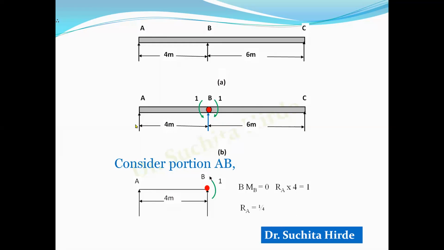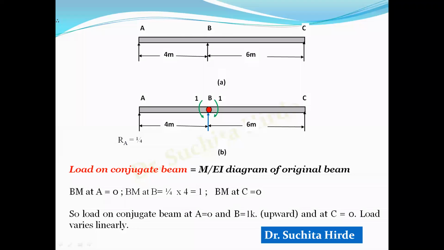Once we calculate this RA, we can calculate the bending moment at all the sections. Let us see how to calculate the bending moment, because we want to know the loading on the conjugate beam. So the load on the conjugate beam is equal to the M by EI diagram of the original beam. This reaction is 1 by 4. At a simple support, bending moment at A is equal to 0. Similarly, bending moment at C is also 0.